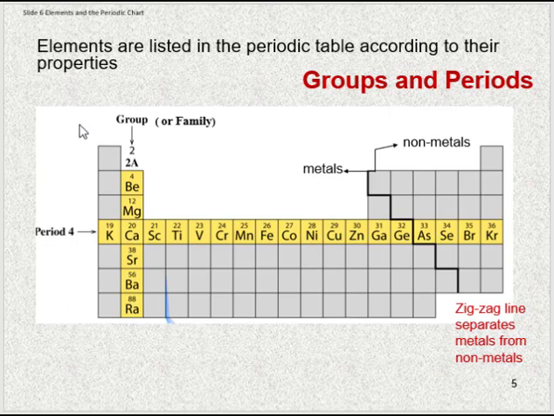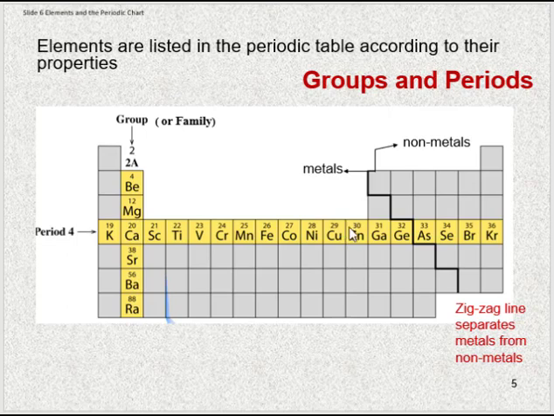So if we take a look at group 1, every element in this group has one valence electron. Every element in this group has two valence electrons.